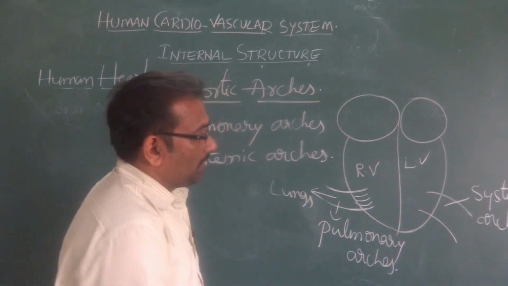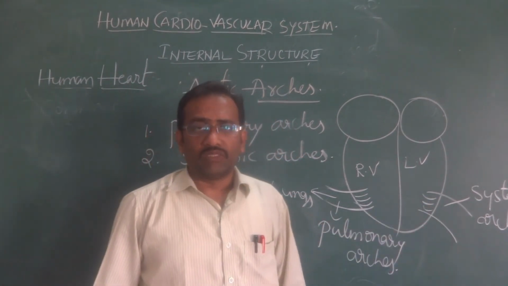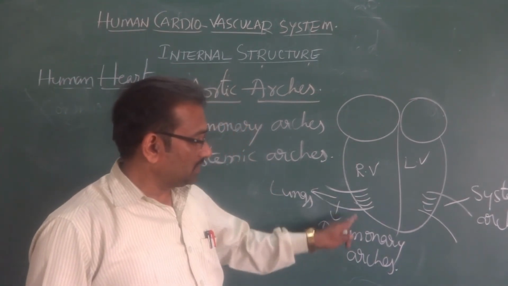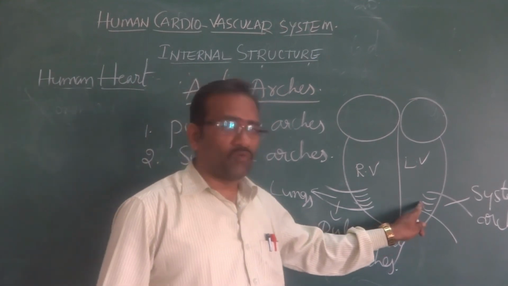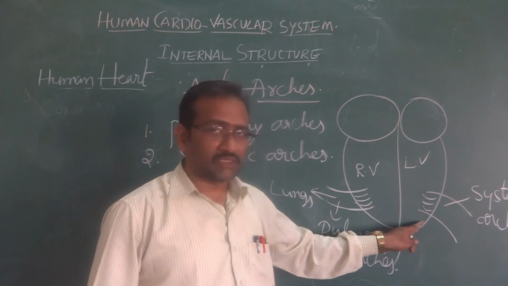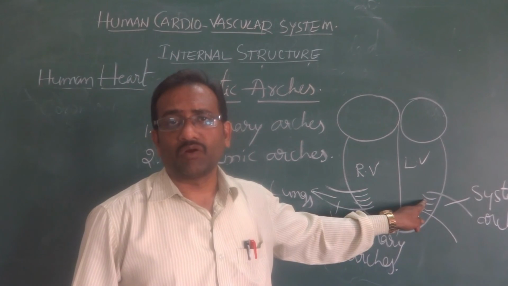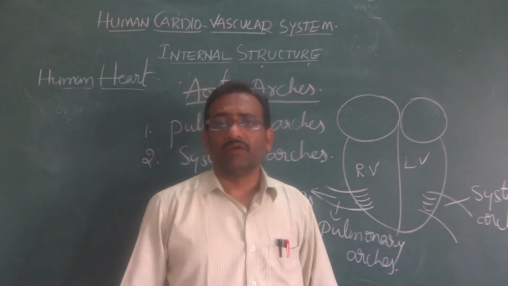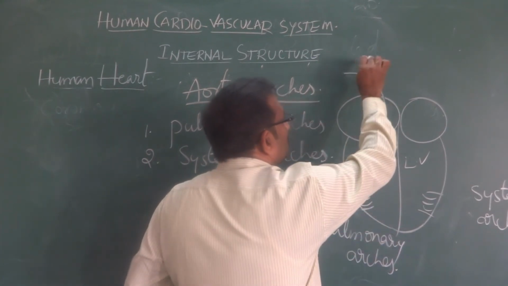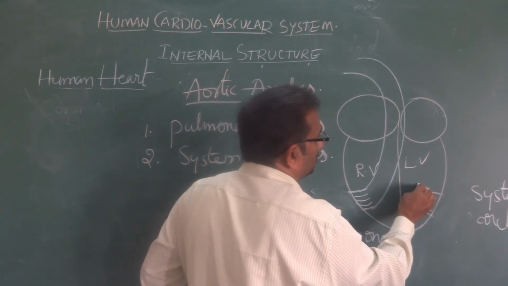Here also it is guarded by three semilunar valves, called aortic valves. Pulmonary valves are in the pulmonary arch, aortic valves in the left ventricle, where the systemic arch arises.